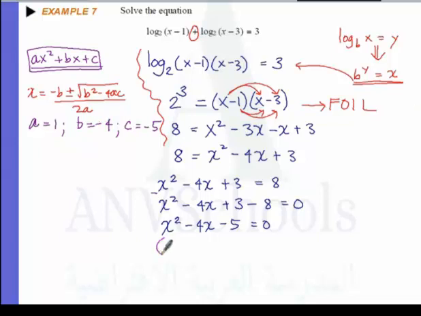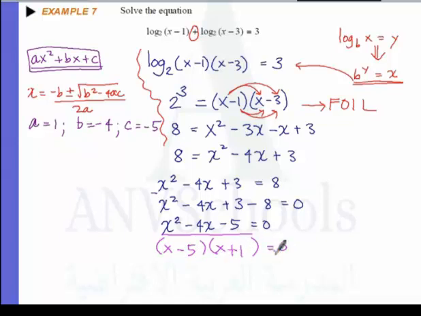So when this expression here is factored, I would get xx, and we have factors of -5 that when added together will give us a sum of -4, which is the middle term. So we have x minus 5 and x plus 1.